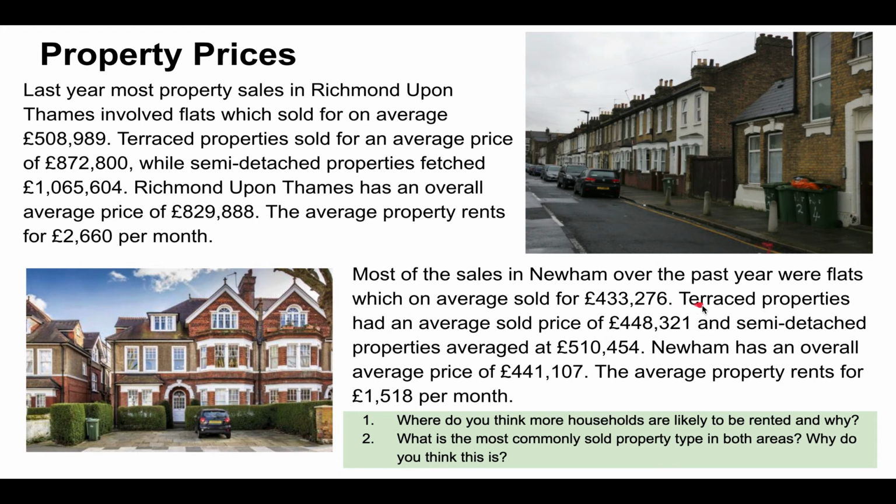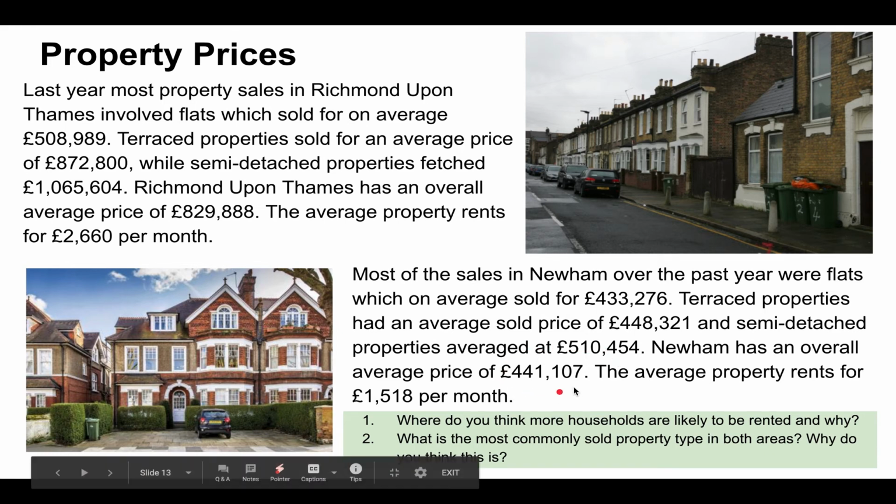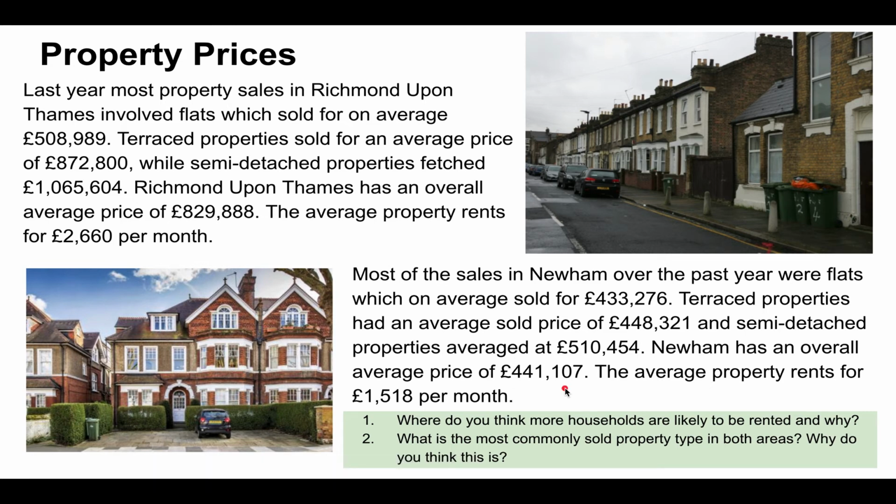So, terrace properties have an average sale price of £448,000, and semi-detached, separated on one side like this, properties average at £510,000. Newham has an overall average price of £441,000. So at least the average price in Newham is still under £500,000.